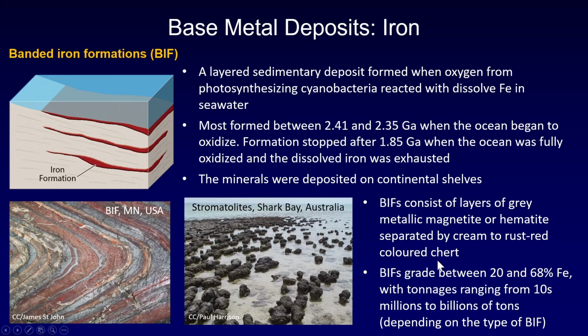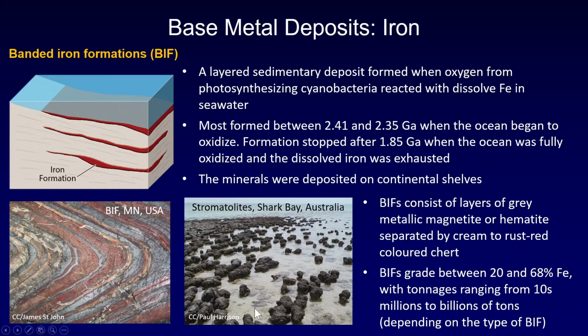Now, in terms of banded iron formation grades, they will typically contain between 20 and 68% iron. And these things are huge. So this is because you are essentially forming them from iron dissolved in the oceans. And the oceans are very, very large, which means that there was a lot of iron to be precipitated out onto the seafloor.